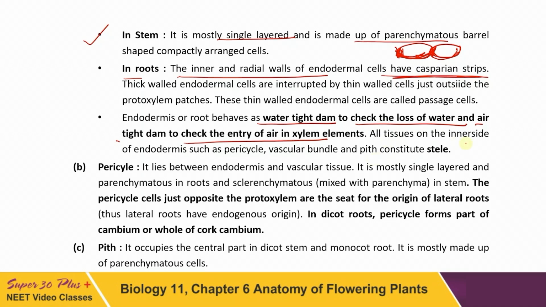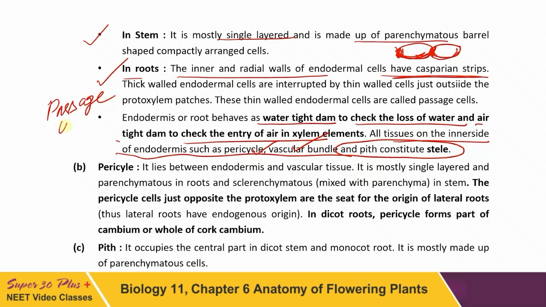One more important point here: the tissue present inside the endodermis is called the stele. It will have the pericycle and vascular bundles. So Casparian strips are found in case of root. Is it right? One more important point: in case of root, we will see in detail when we study root, in between the endodermal cells, passage cells are present.